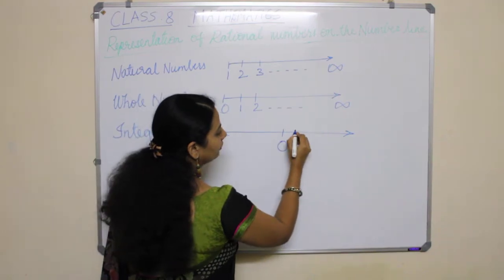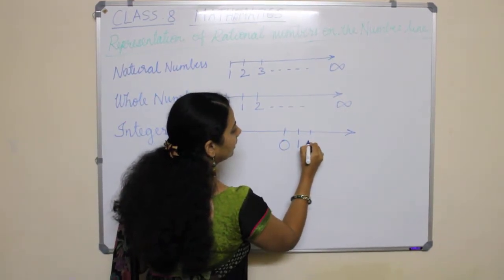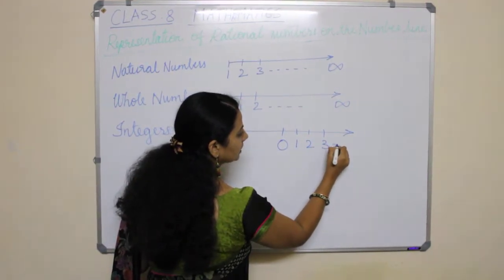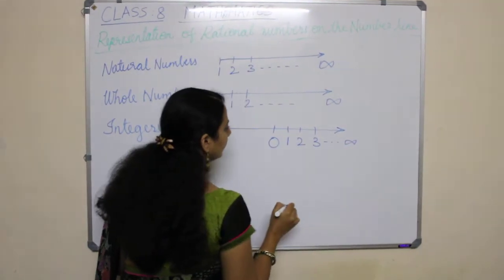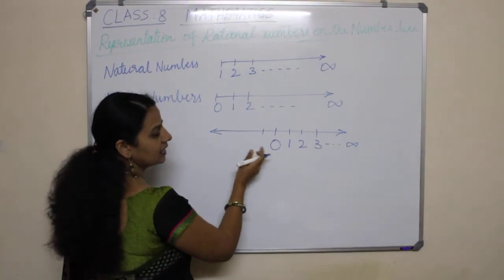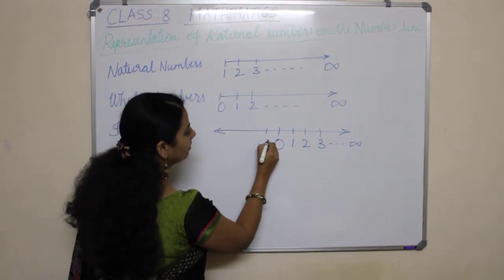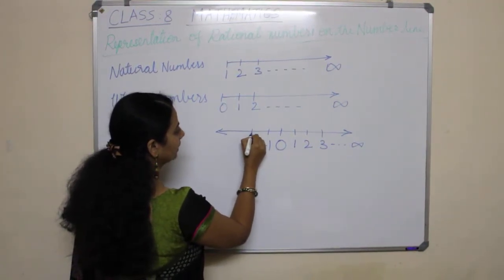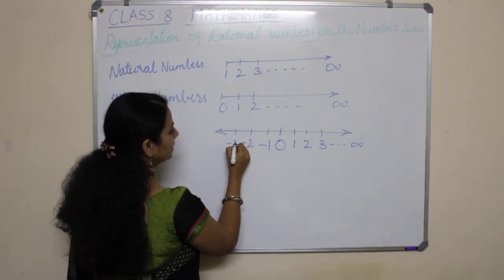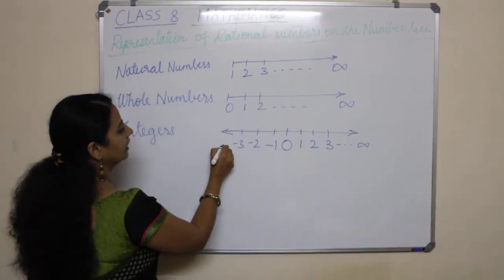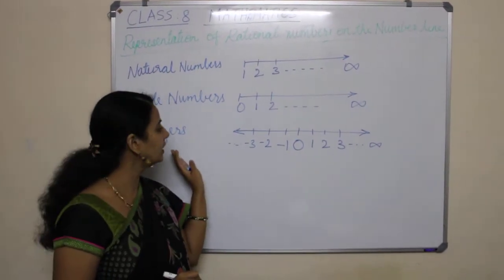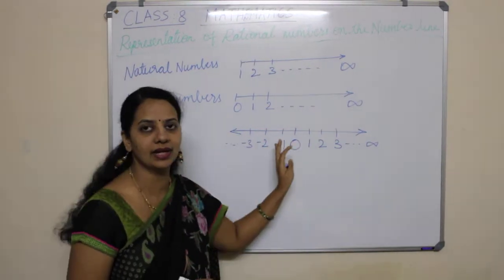To the right side of it you have all positive numbers, which go on till infinity. And the same way towards the left side of 0 you have negative numbers starting from -1, then -2, then -3, it goes on till infinity. So this is how we represent integers on a number line, right?